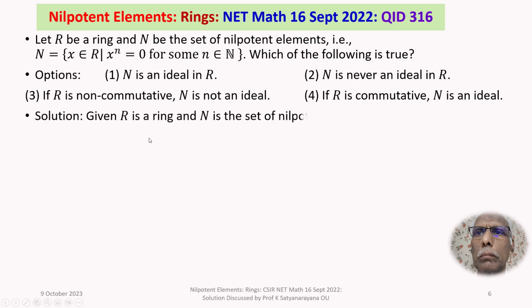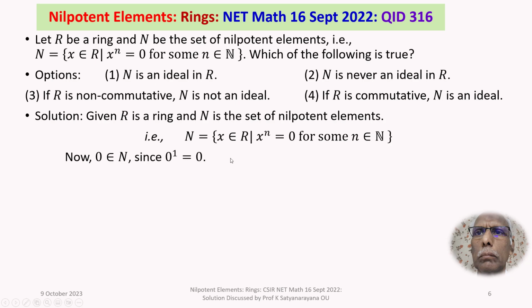We are given R is a ring and N is the set of nilpotent elements, that is, N is equal to the set of all those elements x belongs to R such that x power n is equal to 0 for some natural number n.